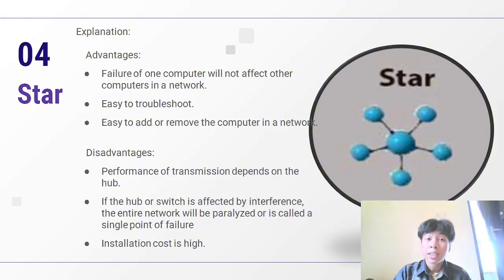Number two, easy to troubleshoot. Number three, easy to add or remove computers in the network. The disadvantages of this topology: number one, performance or transmission depends on the hub. Number two, if the hub or switch is affected by interference, the entire network will be paralyzed, which is called a single point of failure. Number three, installation cost is high.